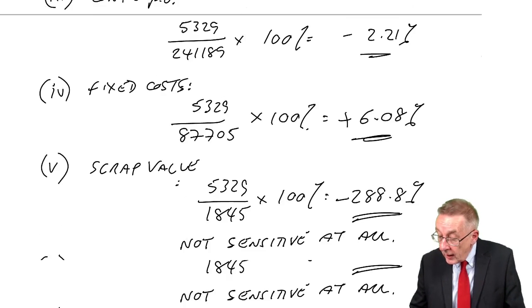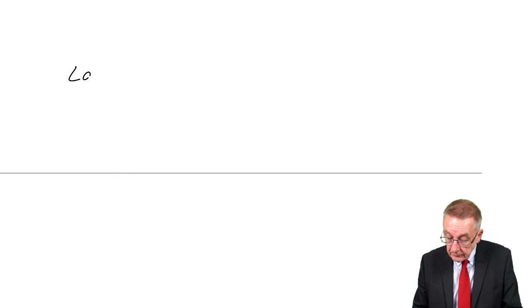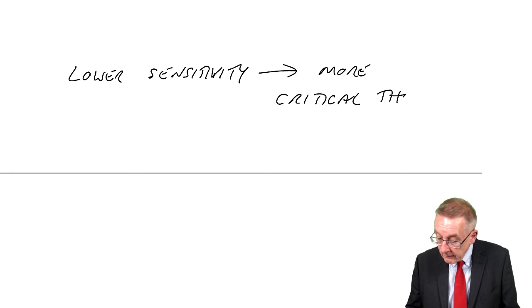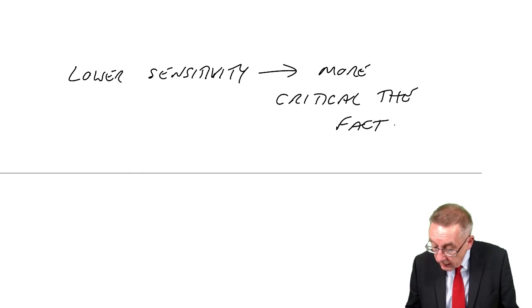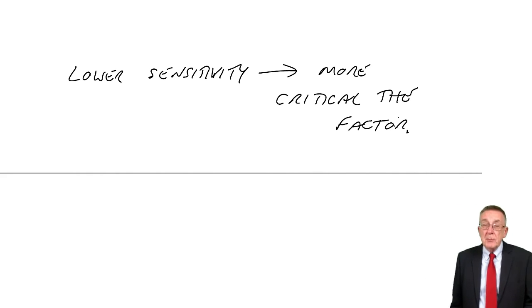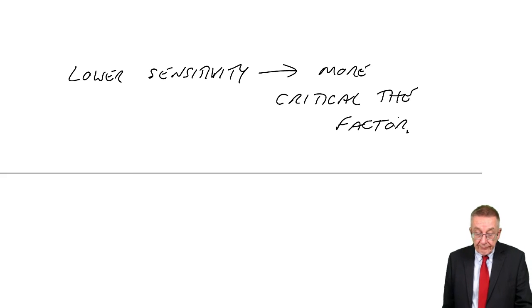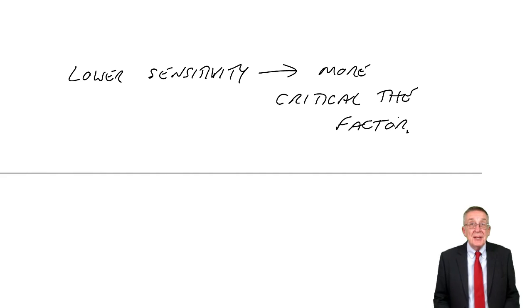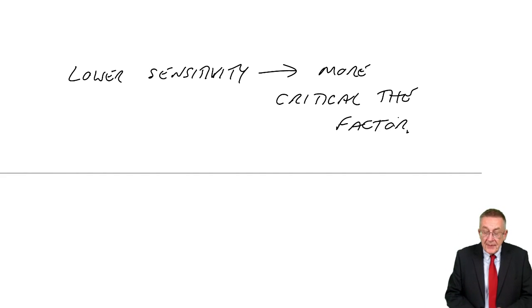And so the lower the sensitivity, the more critical the factor is. The more worried we'd be about it, the more work we'd do trying to improve our estimates. So, it doesn't cure uncertainty, but it does put a measure on it for us.